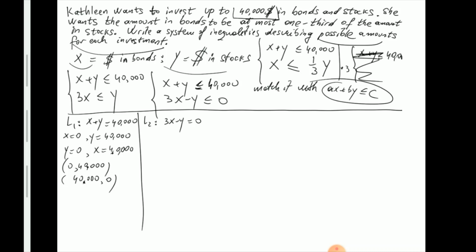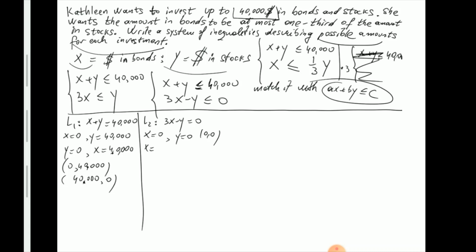For this line, you can also plug in 0 for x, but notice if x is 0, then y is 0 as well. So 0, 0 is on the line, which is the reason why you will see you can't actually use it as a test point. Let's pick another point.